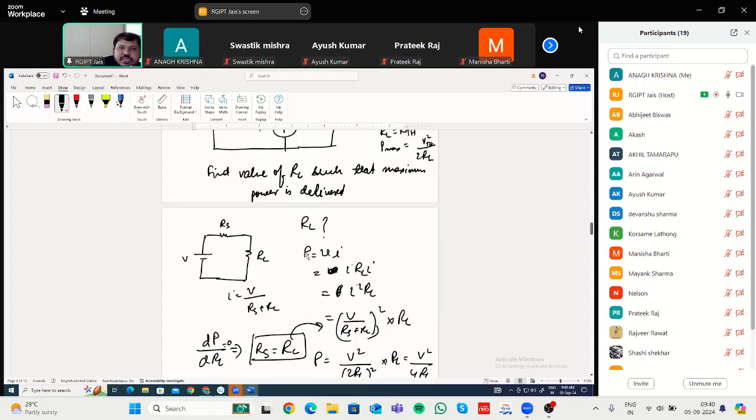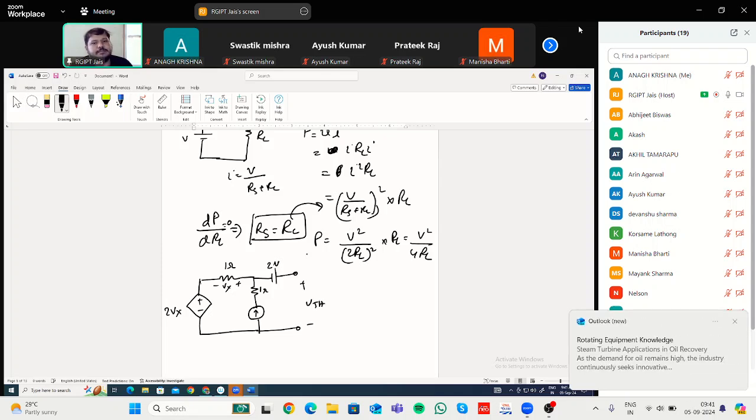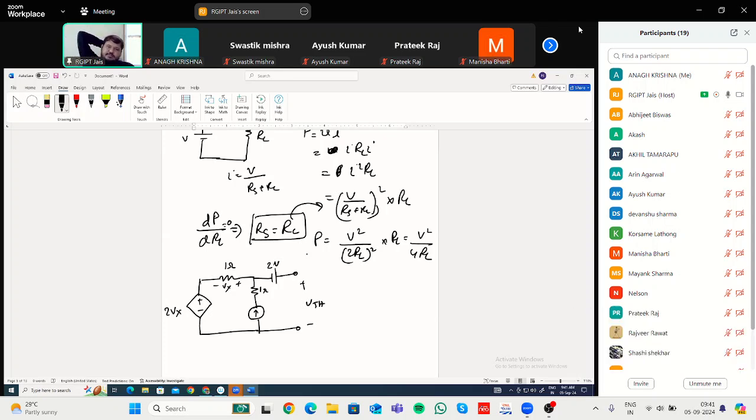So your circuit will look like this. And try to find out what will be the value of VTH.